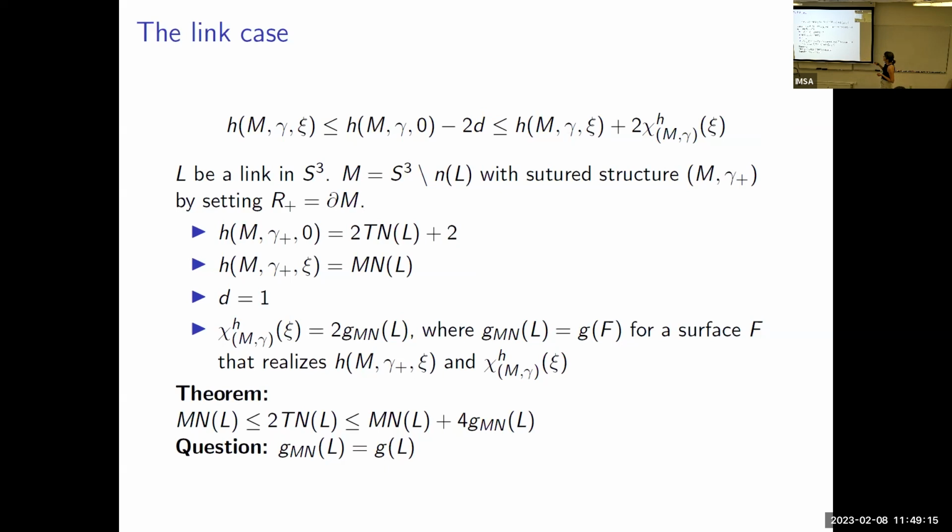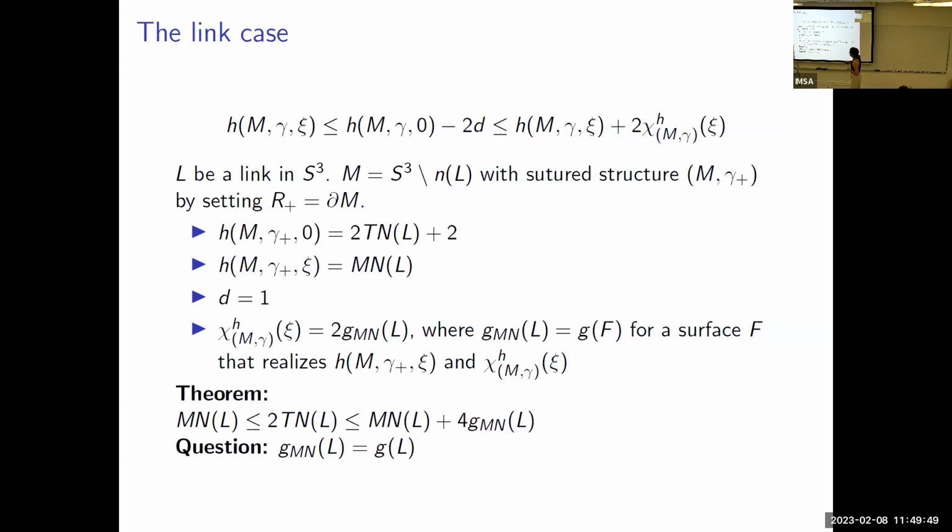So this is for the zero class. This becomes twice the total number of I plus 2, and this one is just the Morse of the cost number. And also in this case, D is equal to 1 because R minus is empty. And also the suture character, I don't recall it, but whatever.